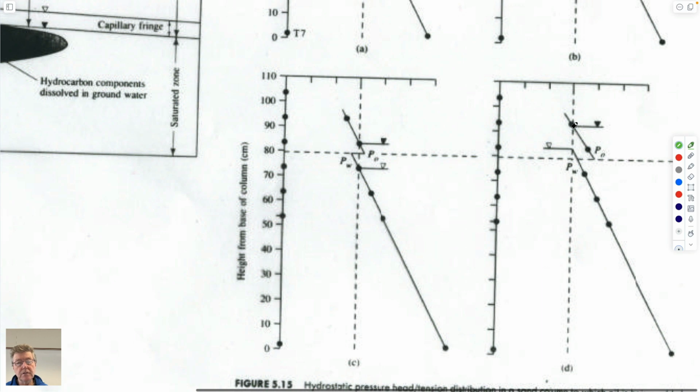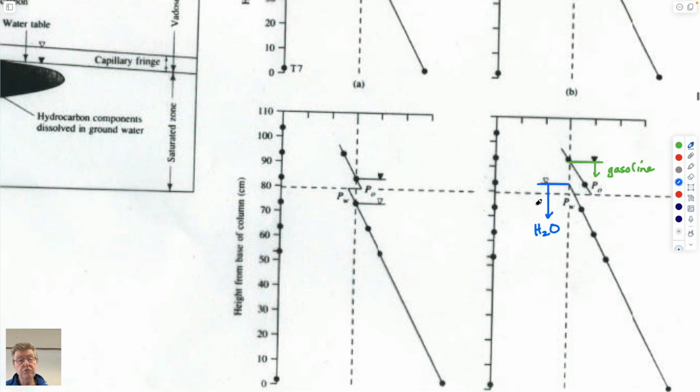So by definition, from here on downwards is oil, gasoline, something that's lighter than water. From this point downwards, this is water that's fully saturated. And we have two tables, I guess. We have a water table, which is here.